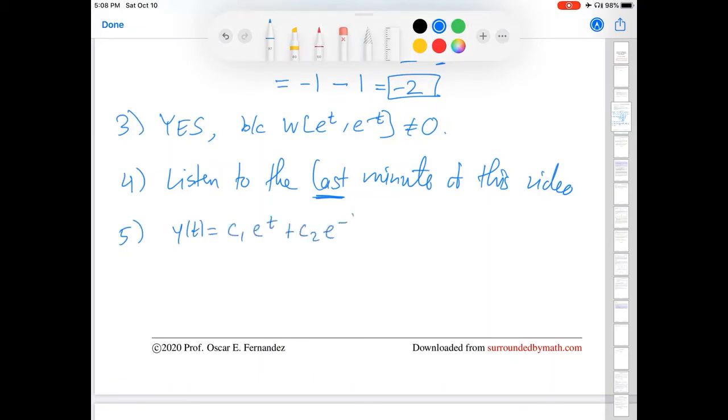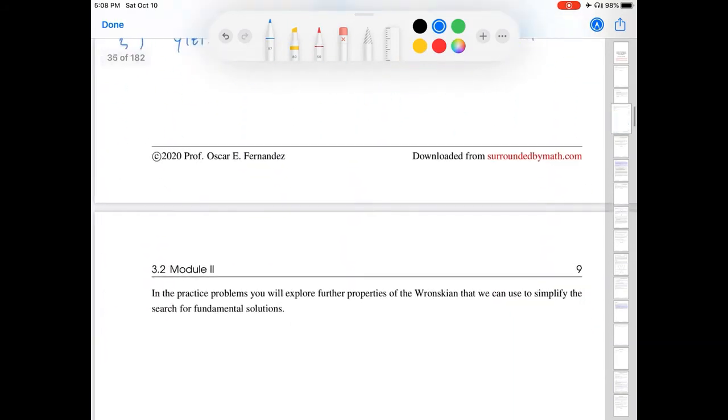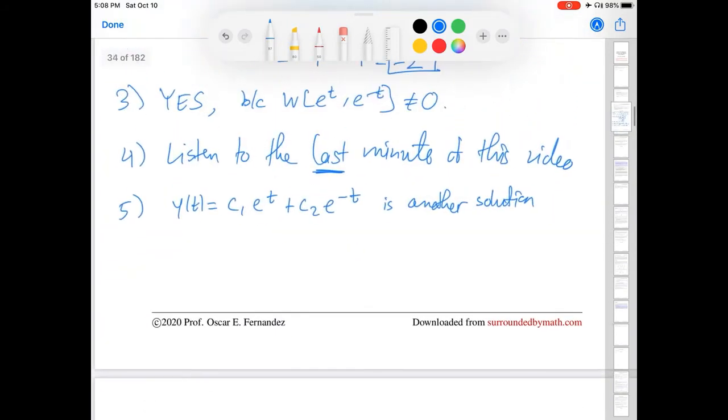They're given to us here. We verified that they're solutions in part 1. We're going to say that this is another solution to the ODE.